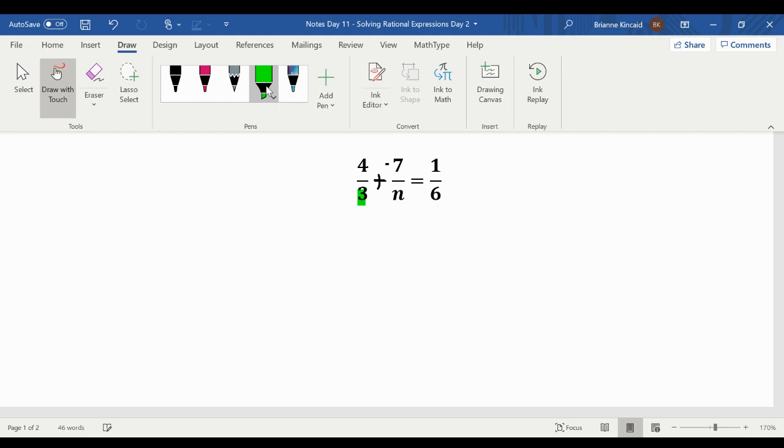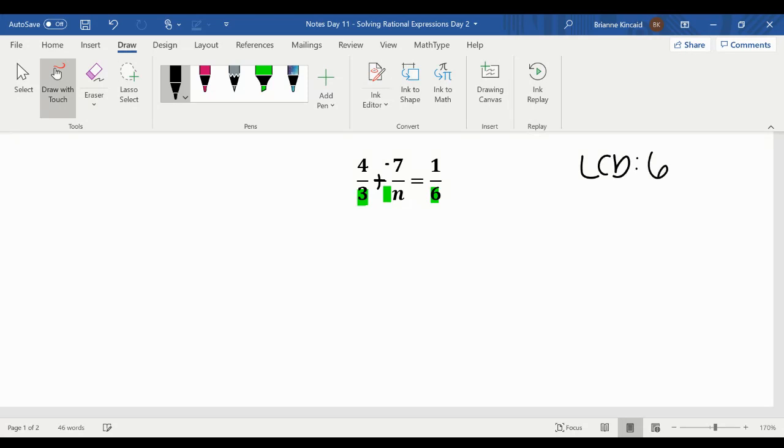The first fraction has a 3, the second fraction has a 1, and the third fraction has a 6. The smallest number that 3, 1, and 6 divide into is going to be 6.